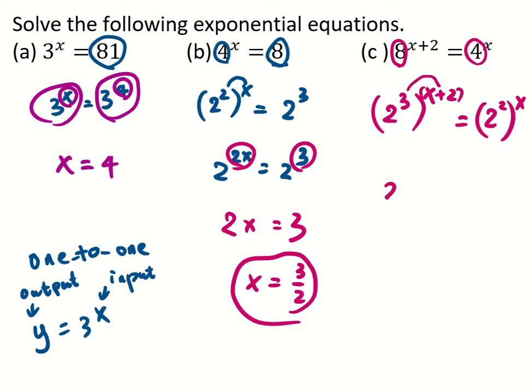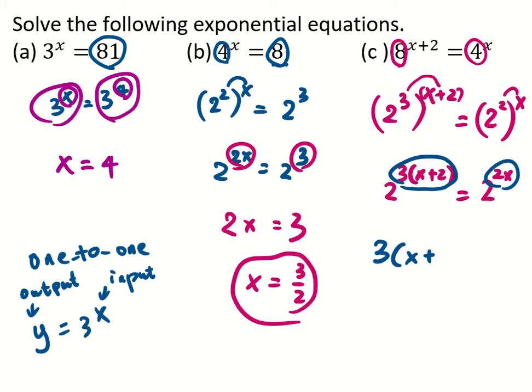So it's 2 to the 3 times the whole x plus 2 equals 2 to the, multiply these two, 2x. All right, so we can make the equation that both exponents must be the same since they have the same base. So 3 times x plus 2 must be equal to 2x.